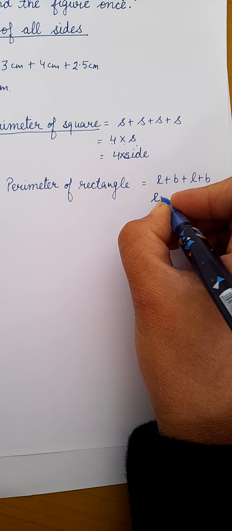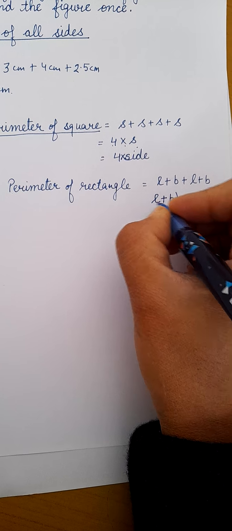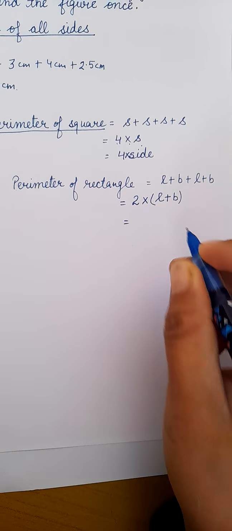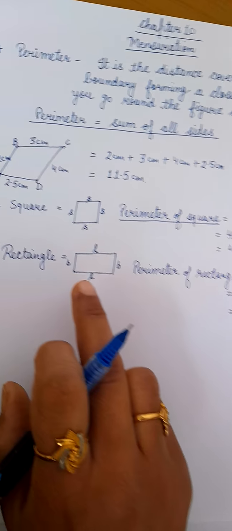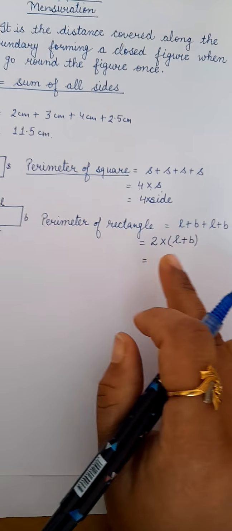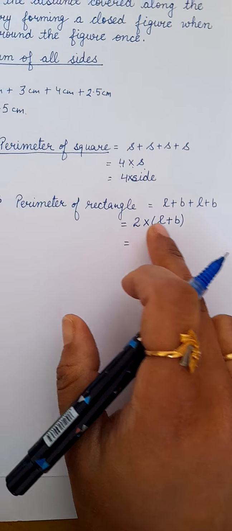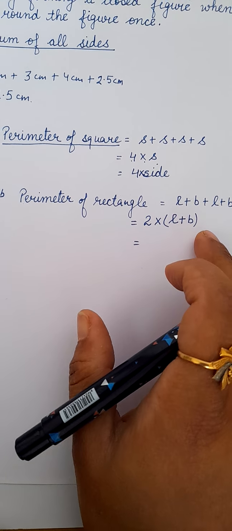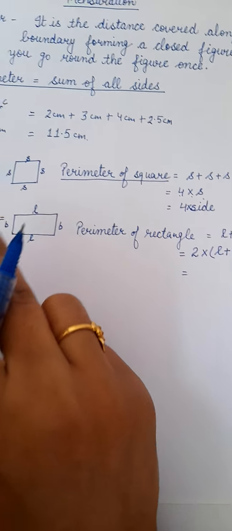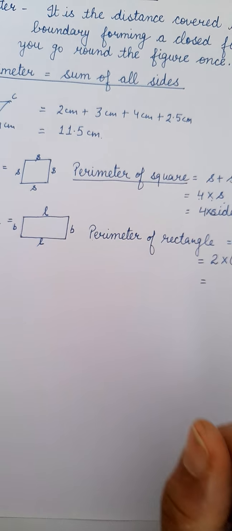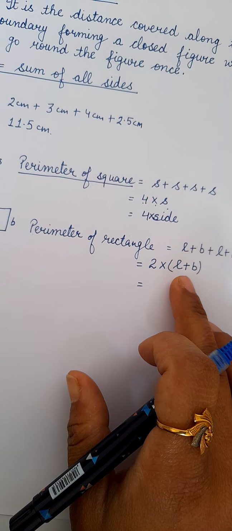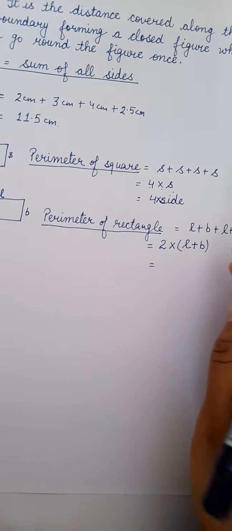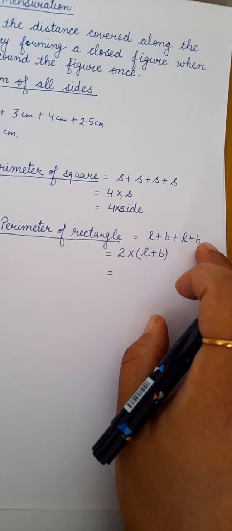So we are adding L and B and then multiplying by 2, because L and B are repeated 2 times in the figure. So what is the formula? 2 multiplied by (L plus B). Firstly you add length and breadth and then multiply by 2. So this is the formula for perimeter of rectangle that you have to learn, rather than doing this addition again and again.